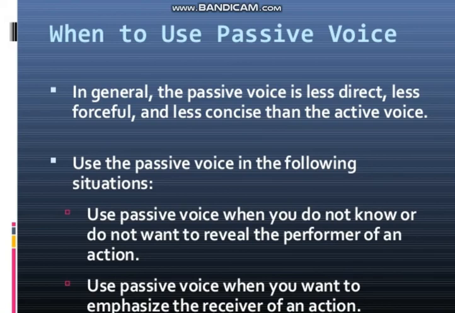Emphasis would be on this, not on whoever has beaten her. So whenever the receiver of the action or the object is the main focus in a sentence, we would use passive voice. Or whenever the performer of an action is unknown to us or we don't want to reveal it, we would use passive voice.